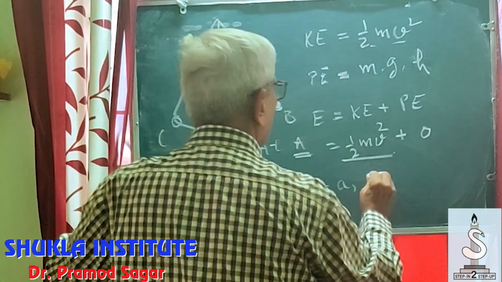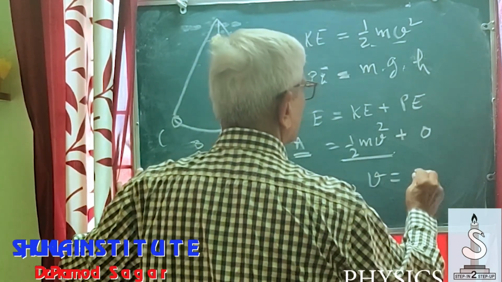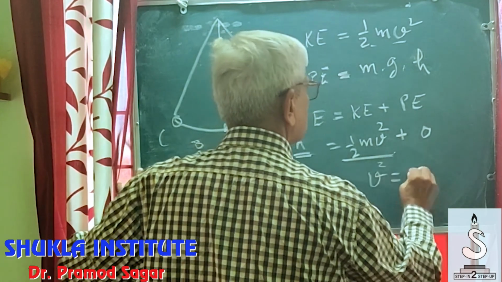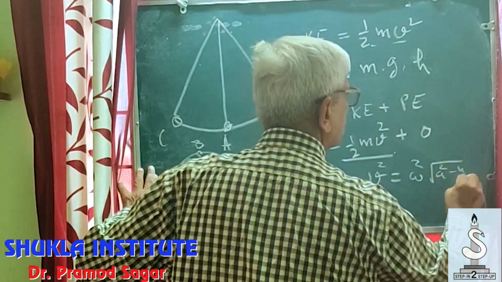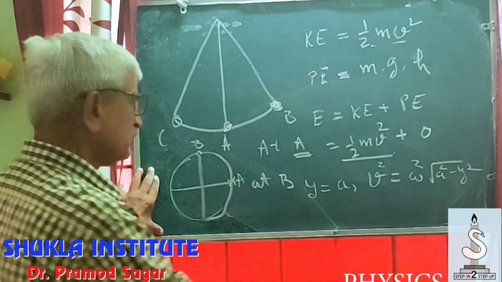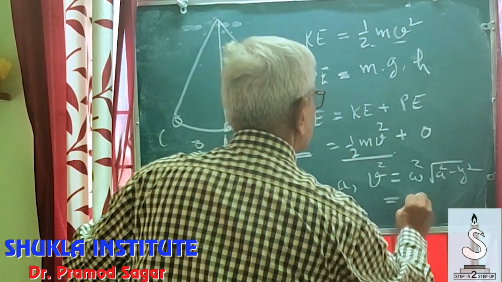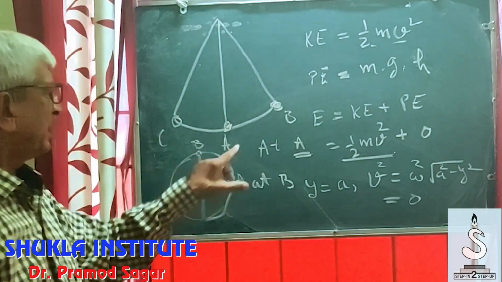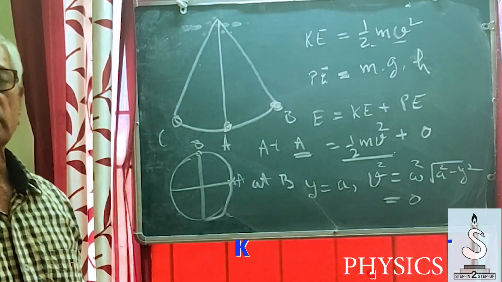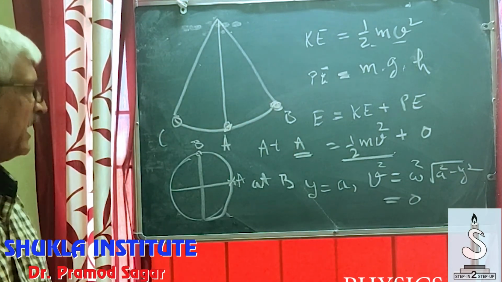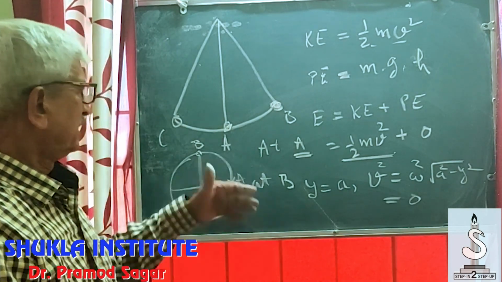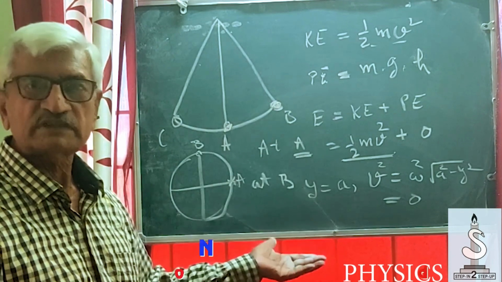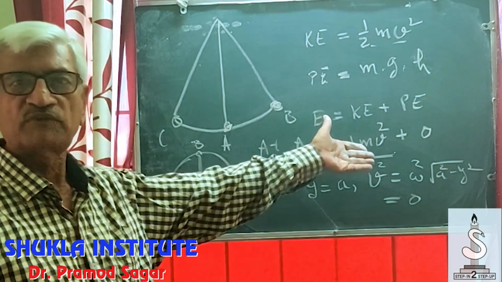So what is the velocity now? v square is equal to omega square times A square minus y square. And since y is equal to A, therefore it is 0. Hence, at position B, the kinetic energy has become 0, and we shall prove that the total energy becomes mgh, and mgh is again equal to half m v square.